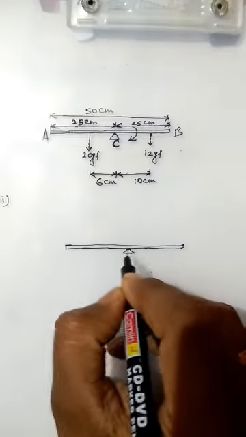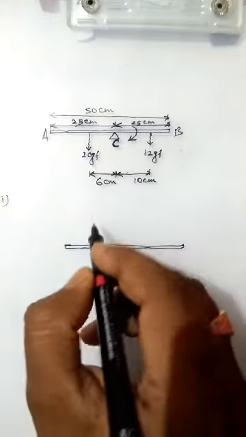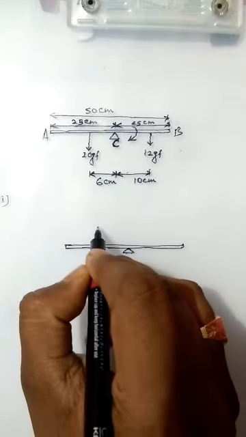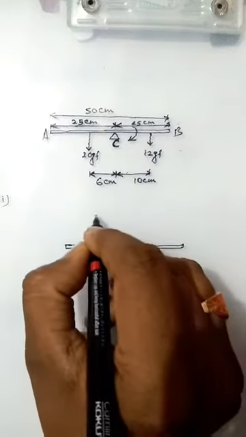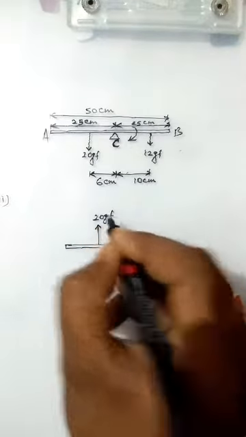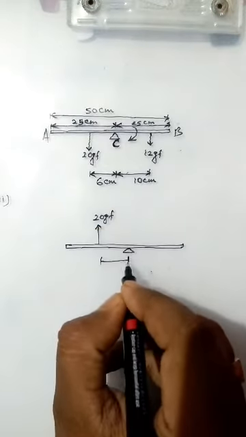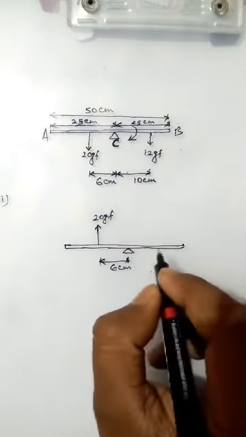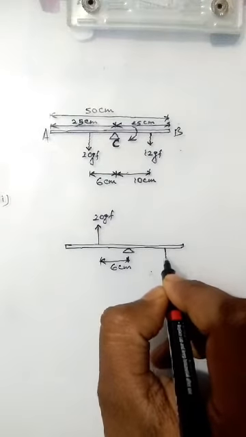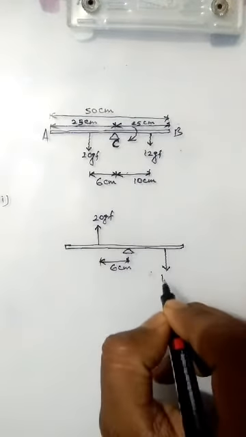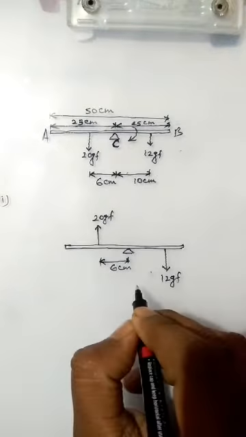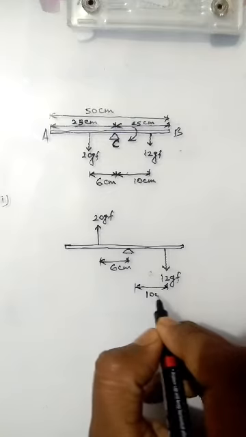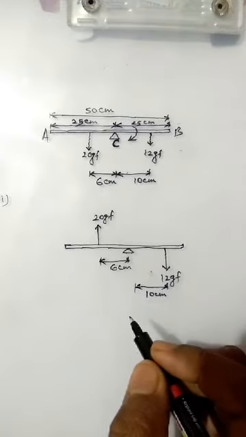This is the pivoted end. 20 GF force is reversed, which means the 20 GF force is acted in upward direction, and there is no change in the direction of 12 GF force, which is acted downward at 10 centimeter distance from the pivoted end.